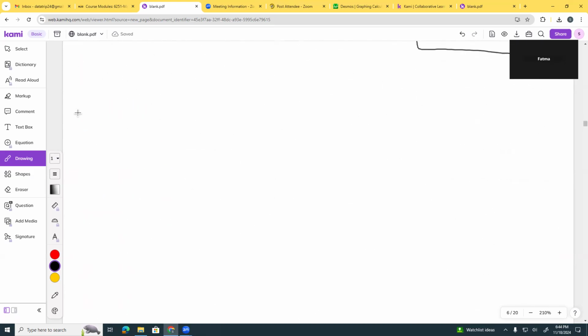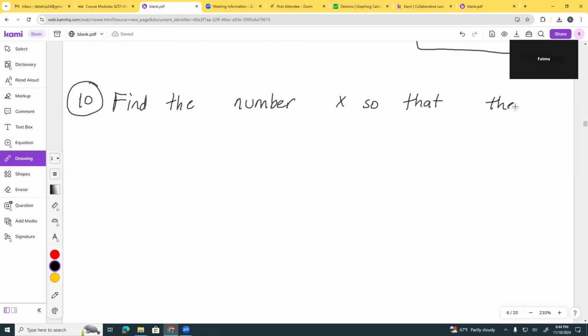So number 10, it's another super easy question. It says, find the number x so that the determinant has the given value.